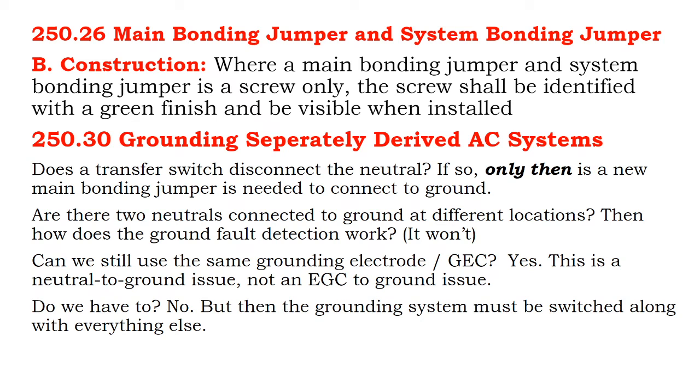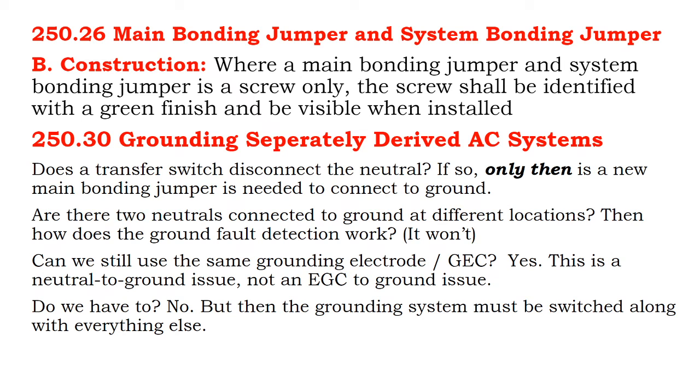What I would say about separately derived systems is that your buildings are going to share the same ground and grounding electrode conductor. Sometimes when you have separate backup power systems, you don't want them to share the same neutral.